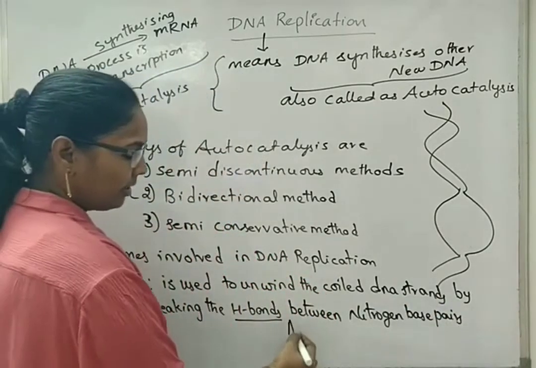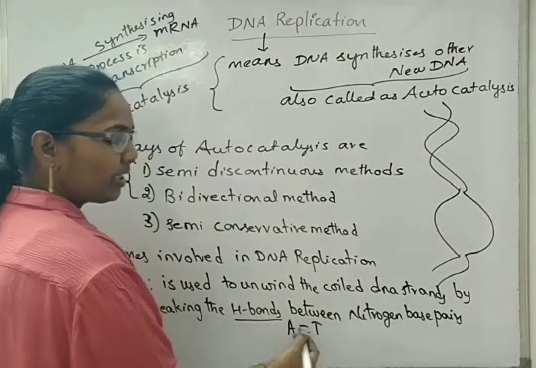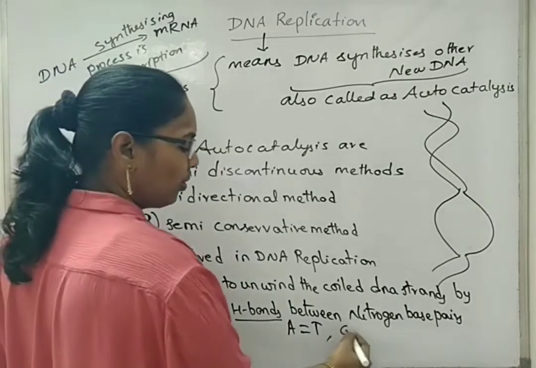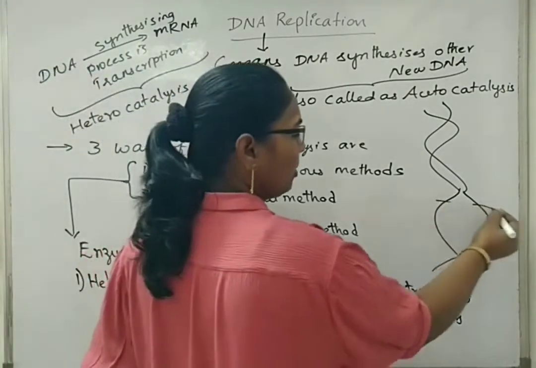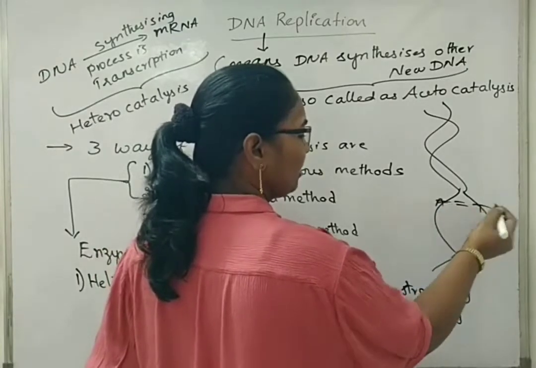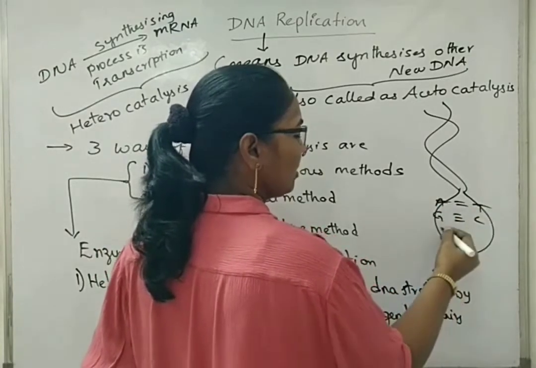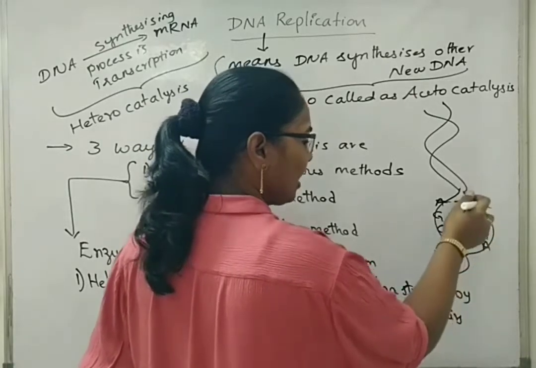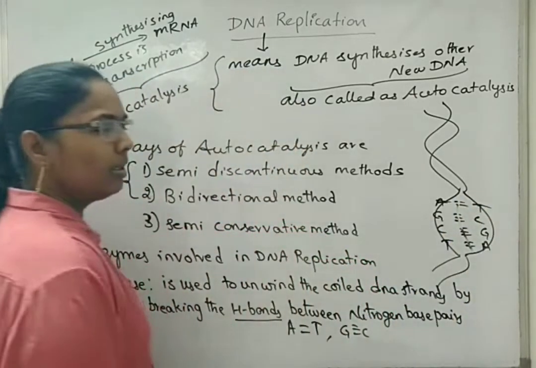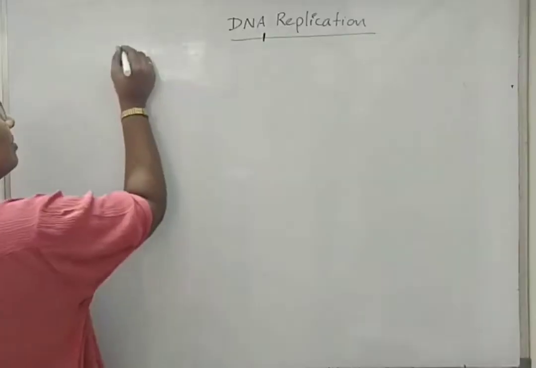We know that adenine is paired with thymine with the help of 2 hydrogen bonds. Guanine is paired with cytosine with the help of 3 hydrogen bonds. So those are located here like this. If this is adenine, thymine, guanine, cytosine, cytosine, guanine, thymine, adenine. These hydrogen bonds have to be broken to unwind the strands.